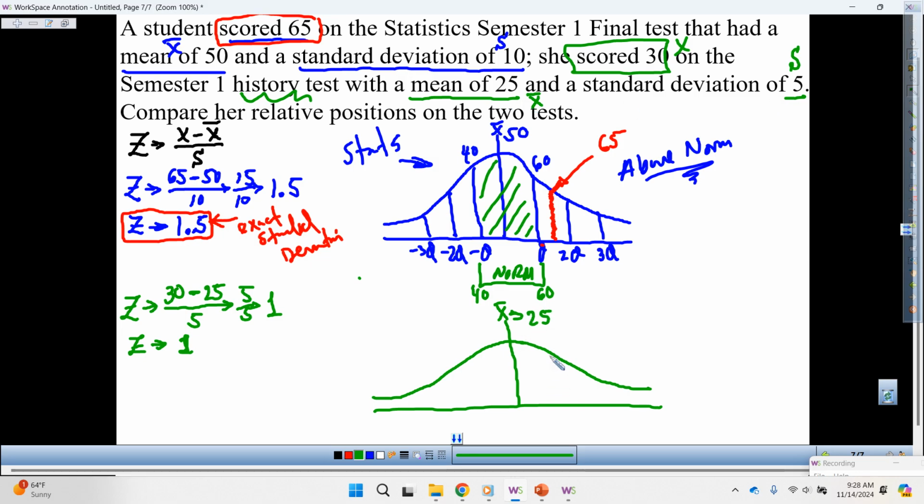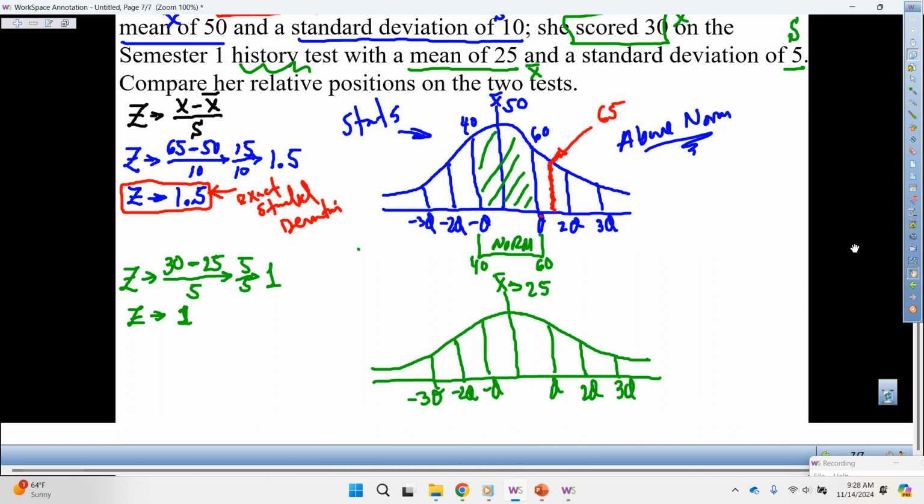Then we go 1 standard deviation, 2 standard deviations, 3 standard deviations, 1 standard deviation below, 2 standard deviations below, and 3 standard deviations below. All right. And once again, remind your neighbor, what is the norm? Between what and what?